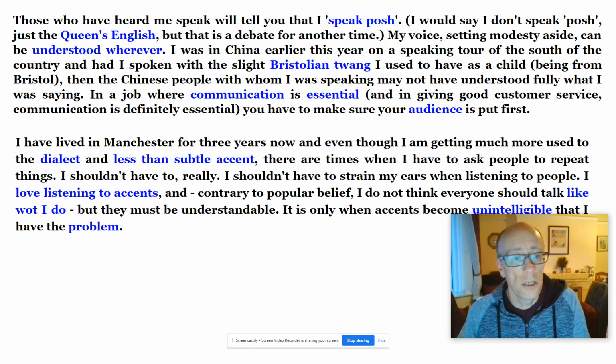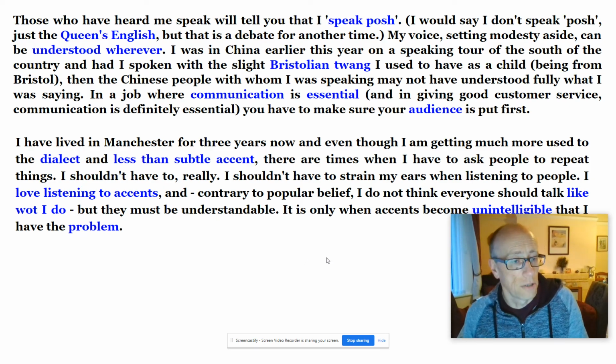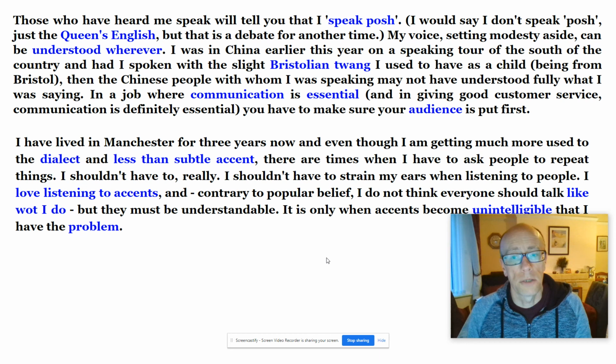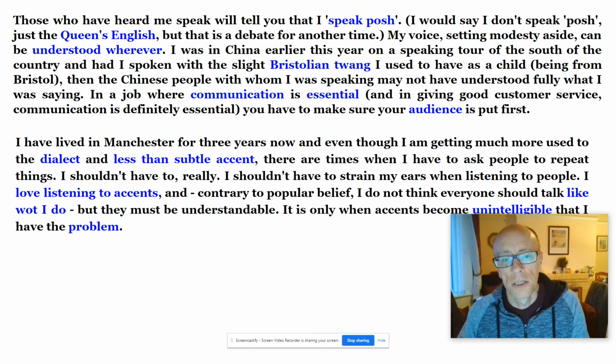So we've got a continued paragraph here with anecdotal information that's being produced. We get to find out how long he's stayed in this local area. He talks about his enthusiasm for what he calls local dialects and accents. He calls the accents less than subtle, so there's a kind of implicature going on here with slightly pejorative kind of meanings. So he's a bit disparaging about the regional accent.